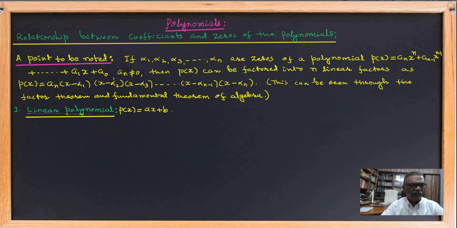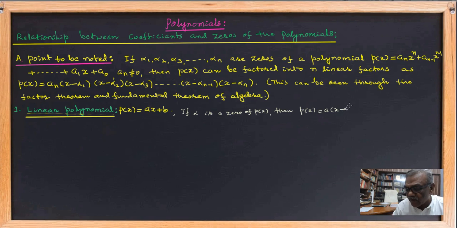If alpha is a zero of p(x), then p(x) can be written as a(x - alpha).